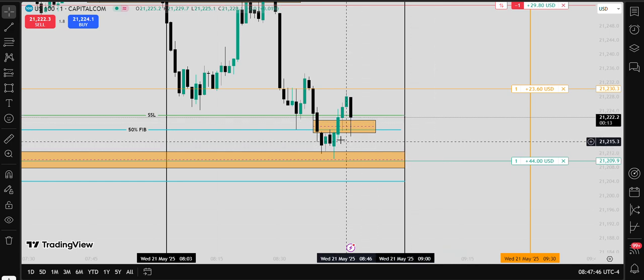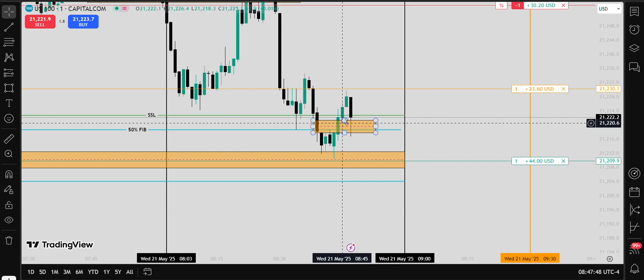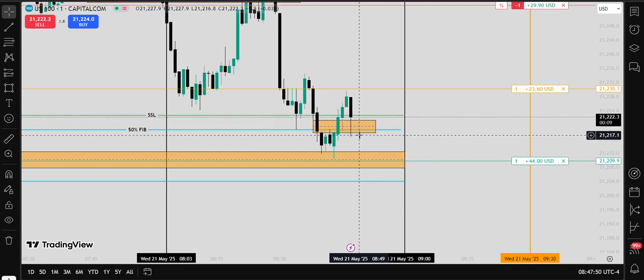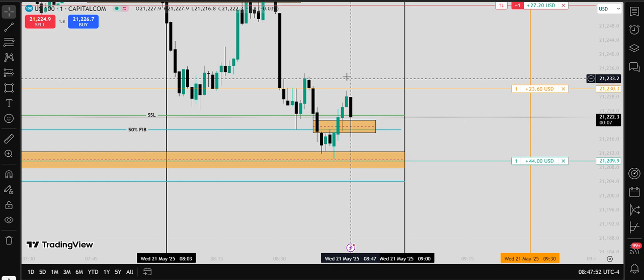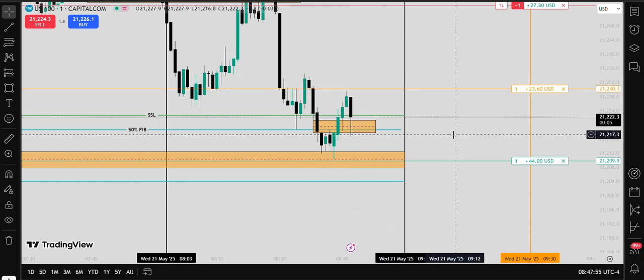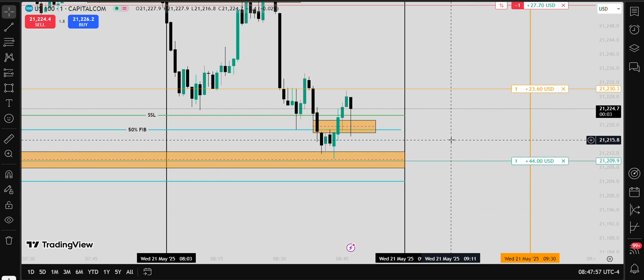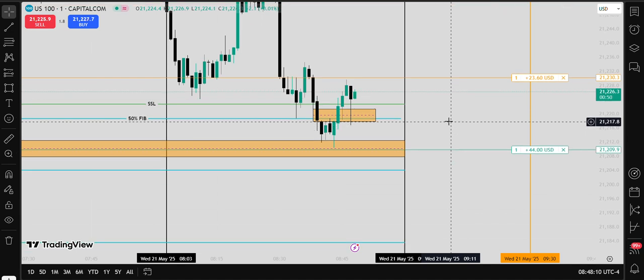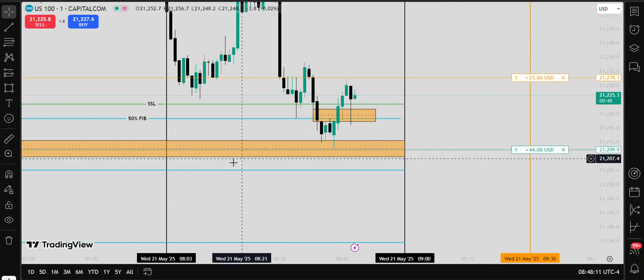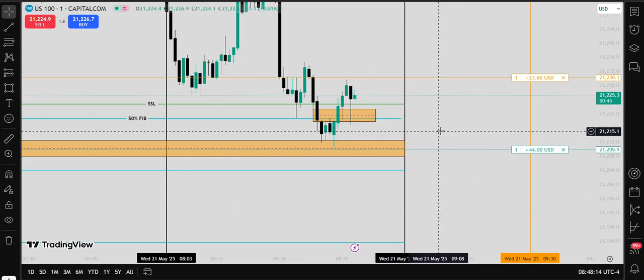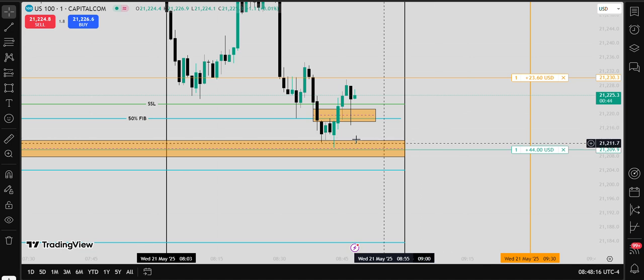Let us see whether it's retesting the fair value on the upper side. If it's going to close above it, then it will mean we're coming all the way up. Let us wait and see. I'm hoping that it's going to just respect.